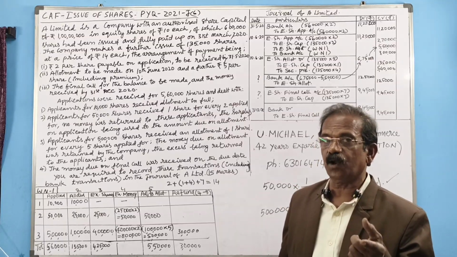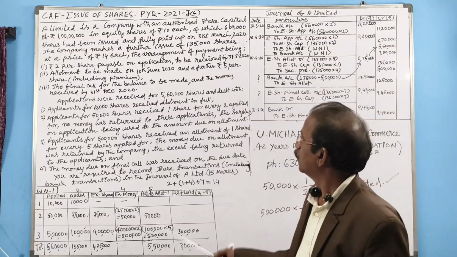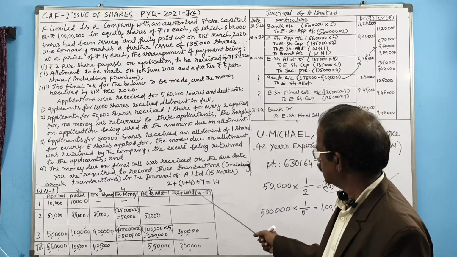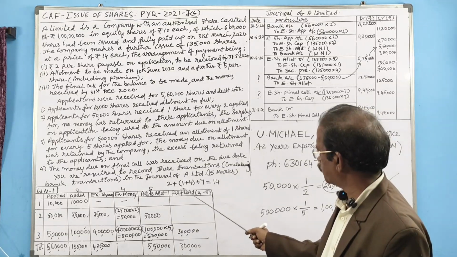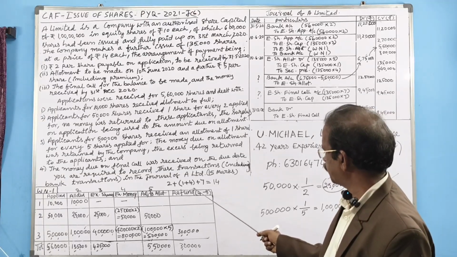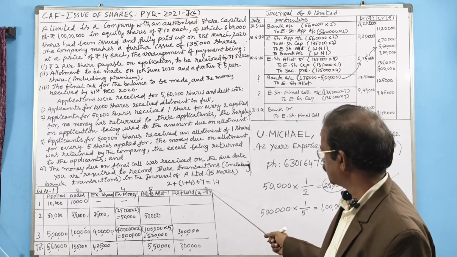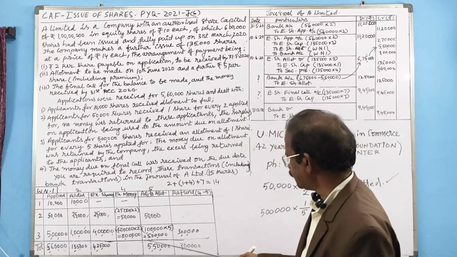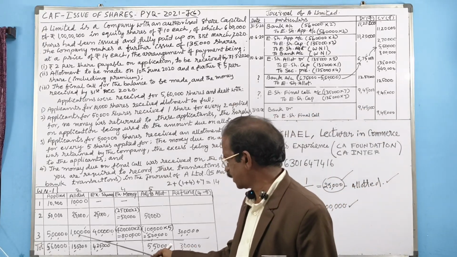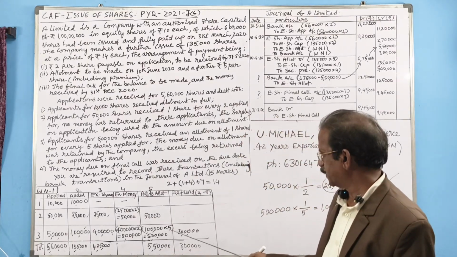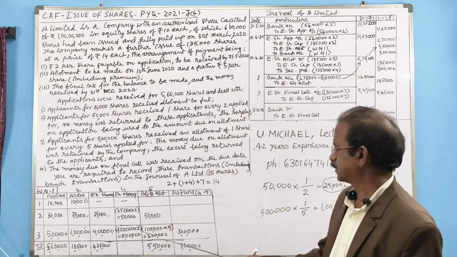How much is the allotment money per share? 5 rupees: 2 on application, 5 on allotment, 1 rupee face value and 4 rupees premium. The remaining balance is on first call. So 1 lakh into 5 rupees equals 5 lakhs.